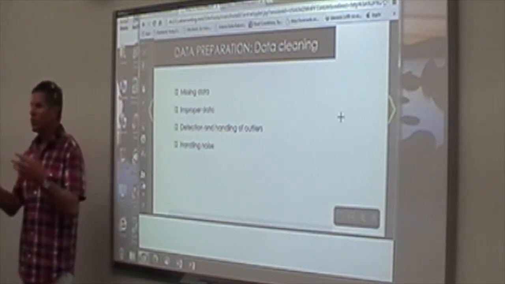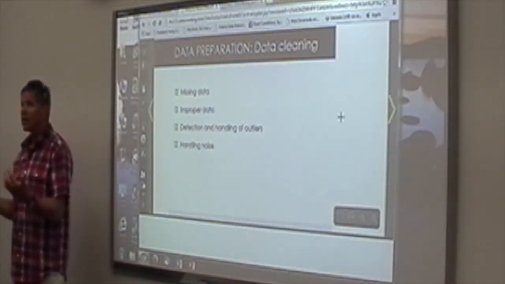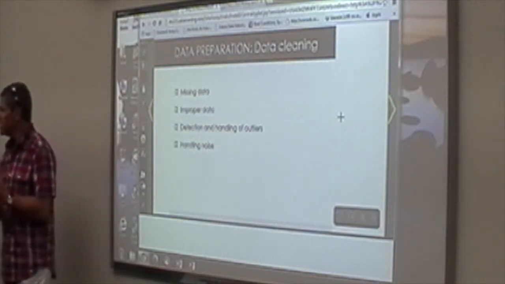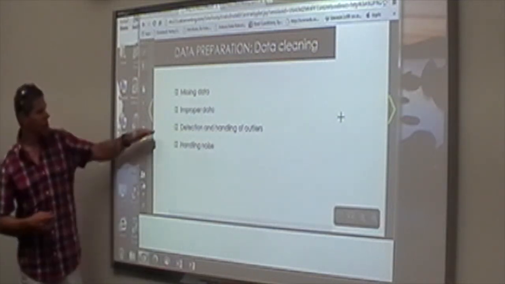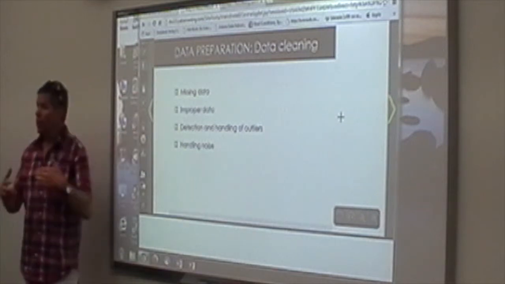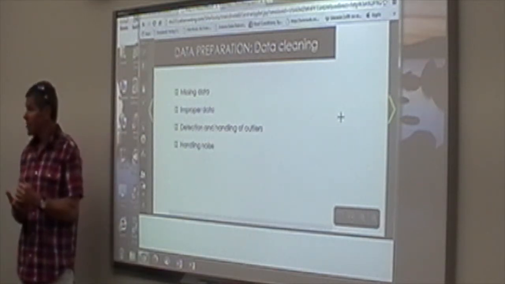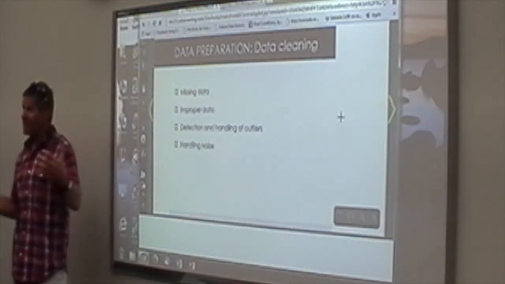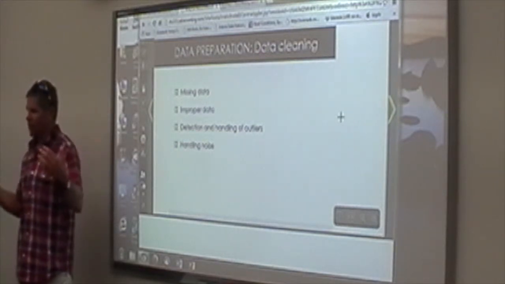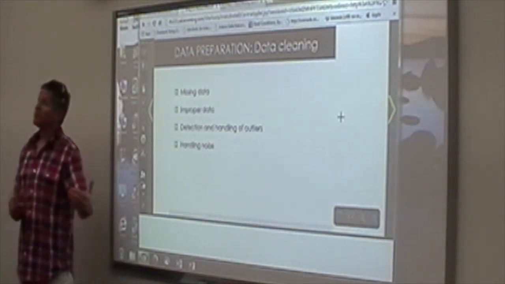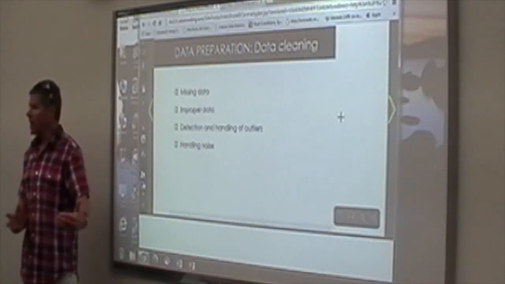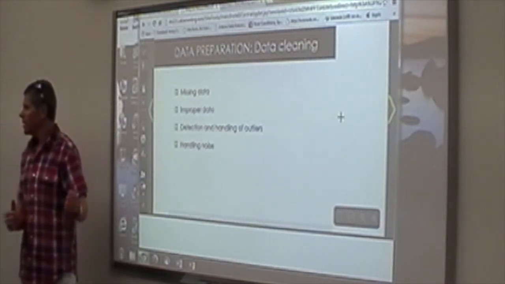So there's a problem. In other words, in the data collection process, things can go wrong. And so the questions are, how are we going to detect errors in data, especially if you've got massive amounts of data? I don't think you're going to go through by hand to find all those errors, right?